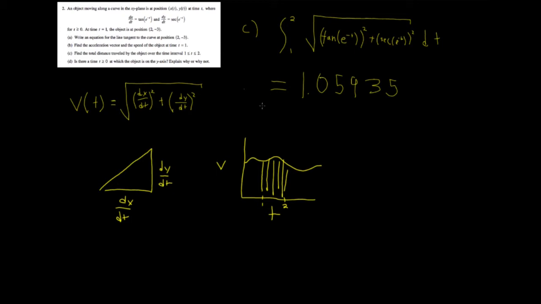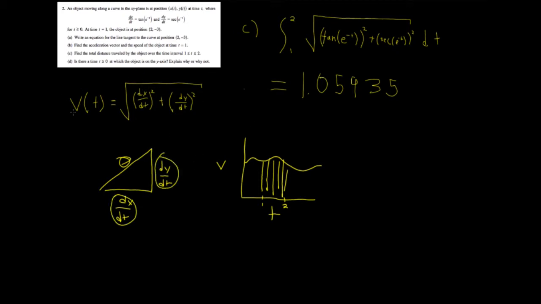So to find the velocity in this, it's just like the last problem where dx over dt is the x component of the velocity and dy over dt is the y component of the velocity. So you use the Pythagorean theorem to say that velocity over time, which would be this part right here, would be the square root of (dx over dt) squared plus (dy over dt) squared.